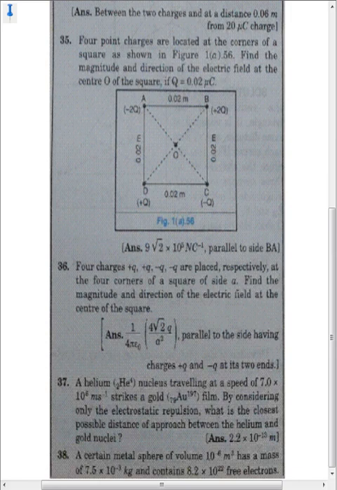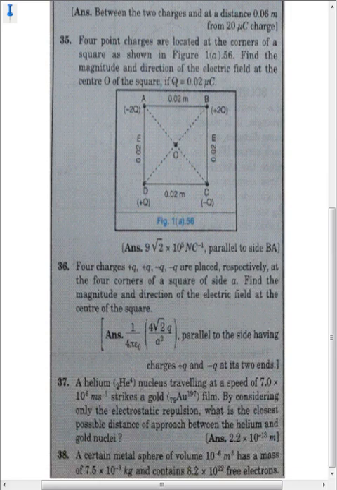It is given that q is equal to 0.02 microcoulomb. So we take this and obtain the electric field intensity at the center.